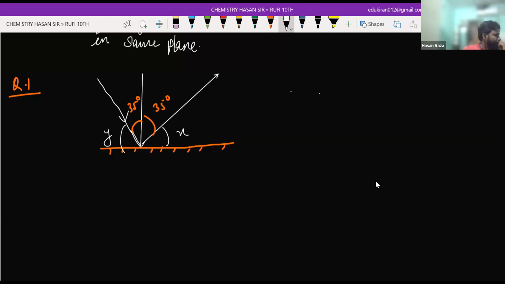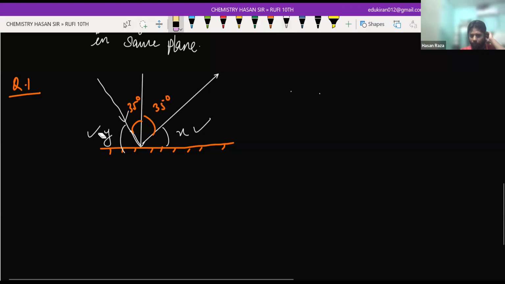The angle X is the grazing angle, right? Yes, both are grazing angles, and they should be equal. You can prove it by yourself as well. Not 35, just forget about Y. Can you calculate X?